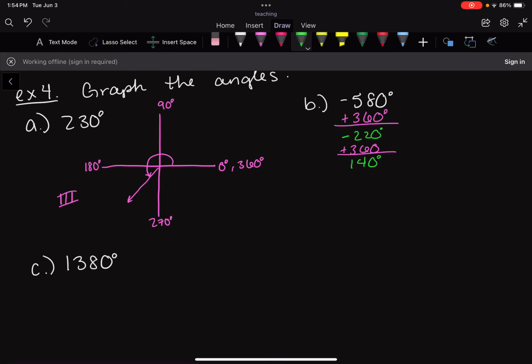And that's a way easier angle to work with. So when we go plot it, instead of having to plot 580 and wrap around the quadrants, I can just do 140 instead. And so that's in quadrant 2.